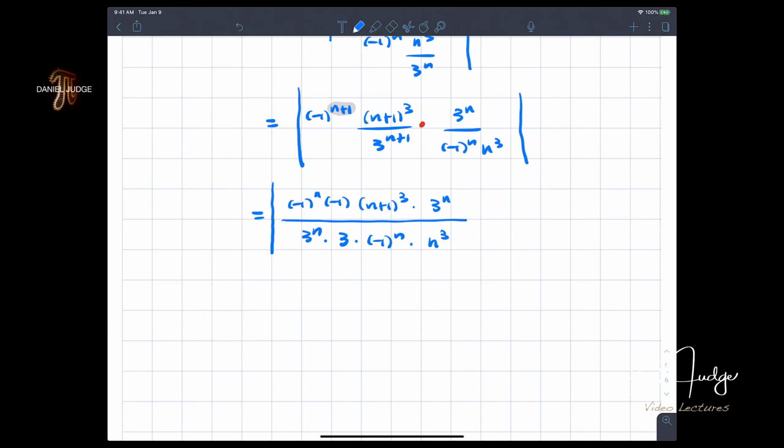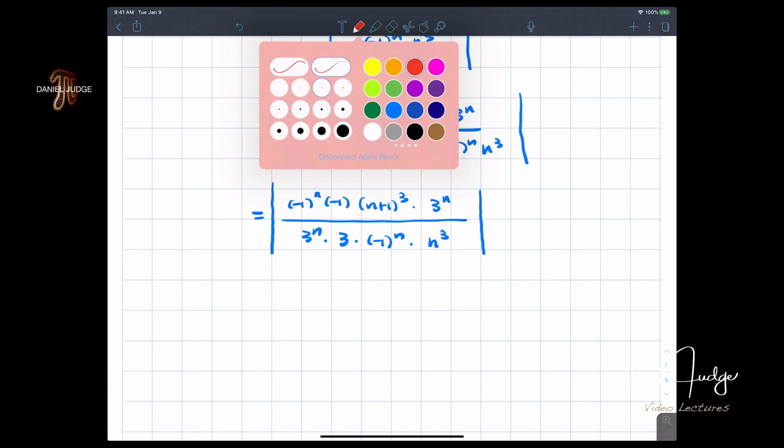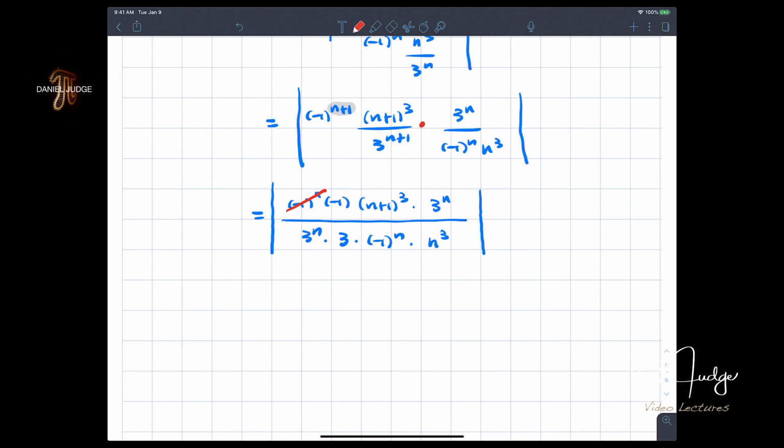Okay, so I just use properties of exponents here, right? And so now we get to cancel, and you say, well, what are we canceling? Well, this portion goes away. And it looks like this portion goes away. And so all we're left with is this negative 1, n plus 1 cubed, this 3, n cubed.